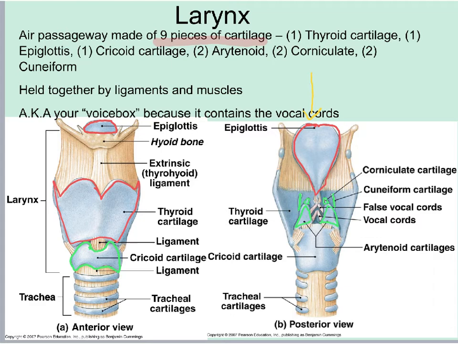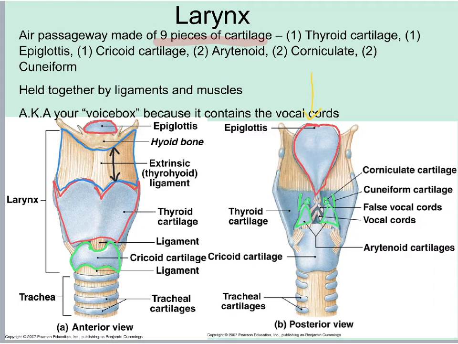We're not asking you to know the names of these ligaments, but I do want you just to understand that these ligaments are not connecting bone to bone like we've learned about in the past. They're just connective tissue structures that are connecting the hyoid bone and the thyroid cartilage. So they're just essentially connecting structures together, hence the term connective tissue.